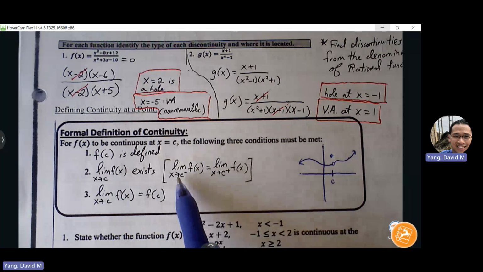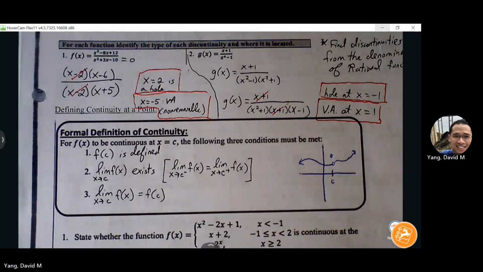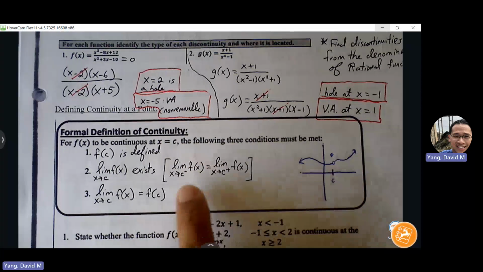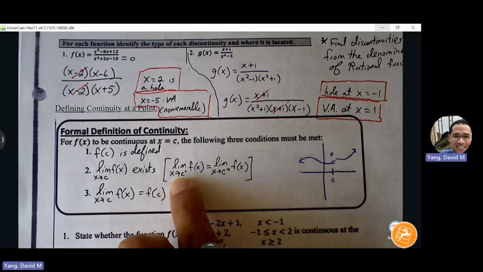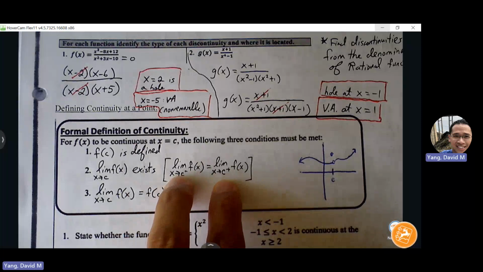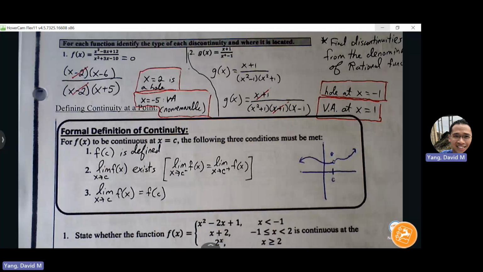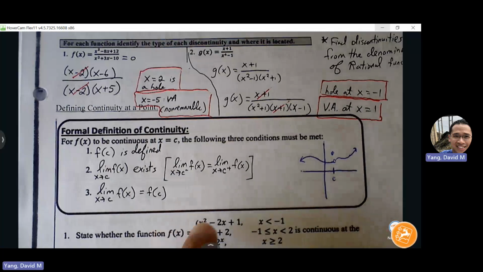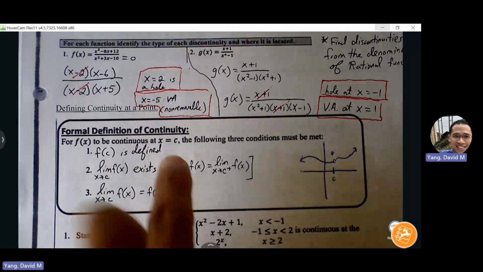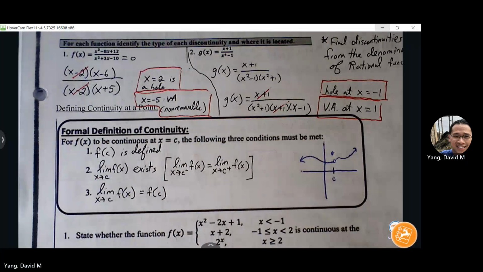But if it's a piecewise function, and I'm split between both sides of that piecewise function, then I would have to explore a little further and find the one-sided limits and see if they are in agreement, just like how we did in the previous example. If they are, then great, it will pass the second condition.